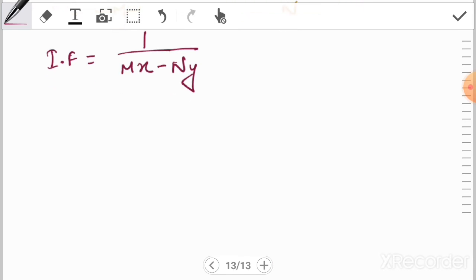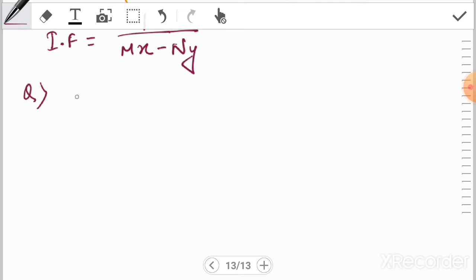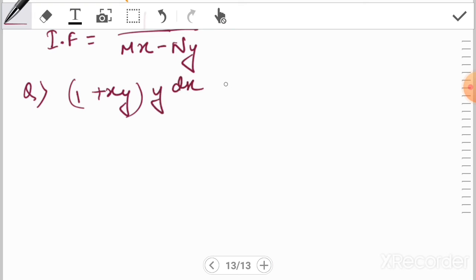So let us take one example. Solve (1 plus xy) y dx plus (1 minus xy) x dy.